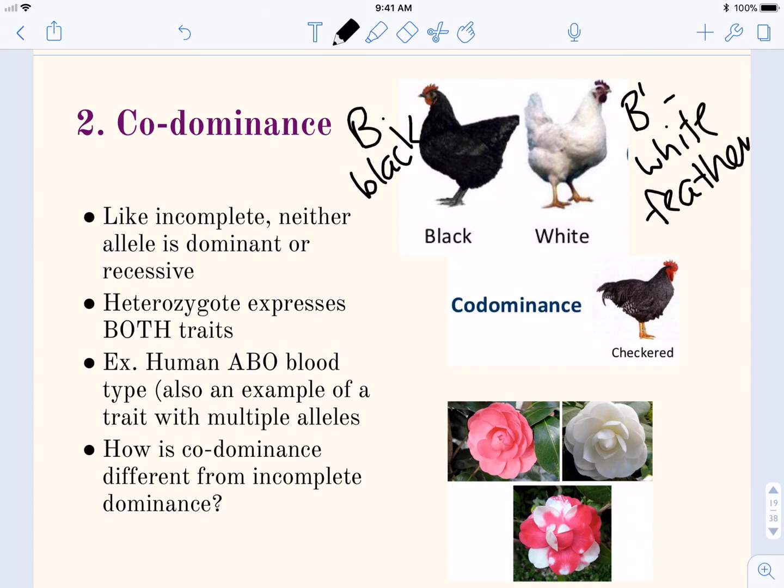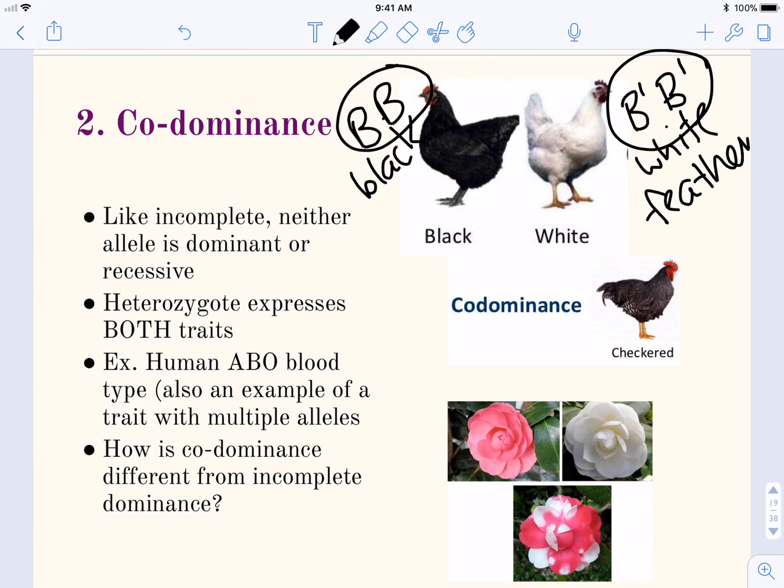If you are a black feathered chicken, that just means your genotype is big B, big B. You have only the black allele. If you are a white feathered chicken of this species, your genotype is going to be big B prime, big B prime. No question other than those two.